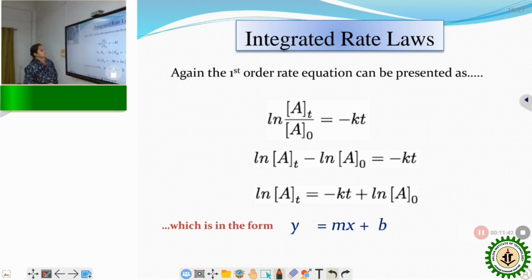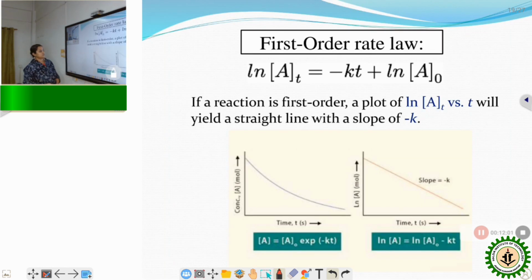Therefore, if we rearrange this first order equation by splitting the ln term as ln At - ln A0 = -kt, we can simply compare this equation with the standard straight line equation y = mx + b. So if we plot different concentration terms with respect to time for a first order reaction, we can get different equation patterns.